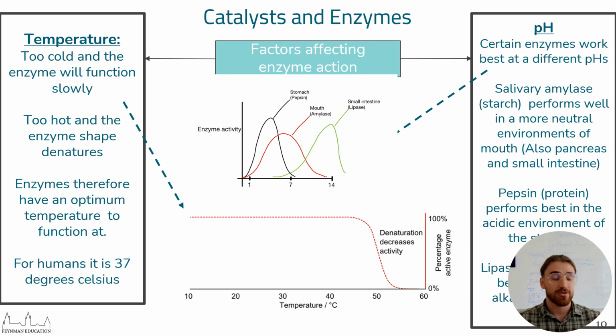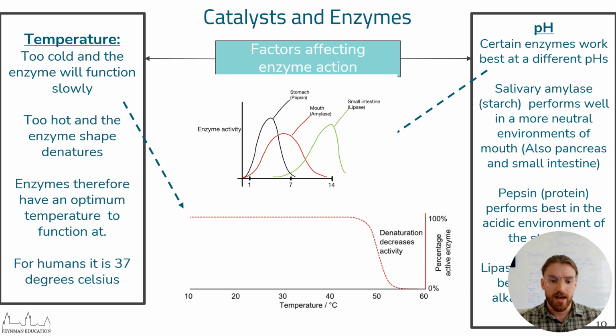Another factor that needs to be considered is the pH that the enzymes work in. Certain enzymes are going to prefer and work optimally only within a certain pH range. The first is our amylase. Amylase breaks down our carbohydrates. This can be found in the mouth, where the pH is sort of neutral.